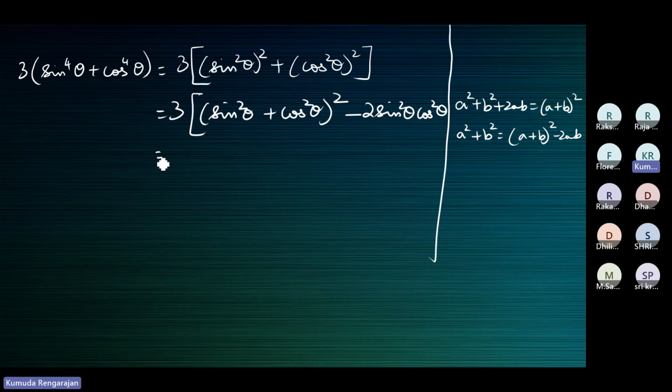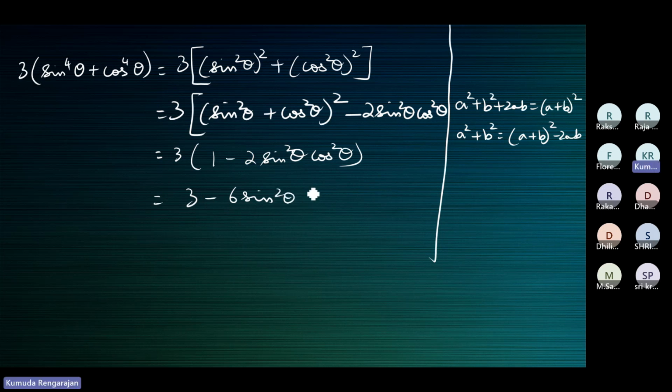A square plus B square is A plus B the whole square minus 2AB, where A is sine square theta and B is cos square theta. So now 3 into, this is 1, so 1 square is 1 minus 2 sine square theta, cos square theta. So now multiplying, 3 minus 6 sine square theta, cos square theta.